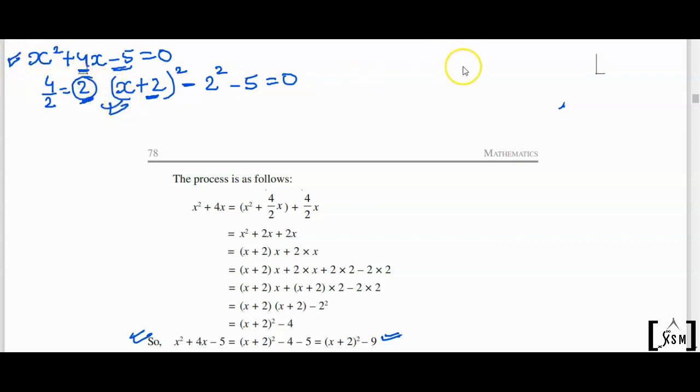When you expand x plus 2 whole square, what you get is x square plus 4x plus 4, and this other term is minus 4, so we get minus 4 minus 5. All this we have actually done just by adding and subtracting in the equation. So basically we have balanced the equation, right?